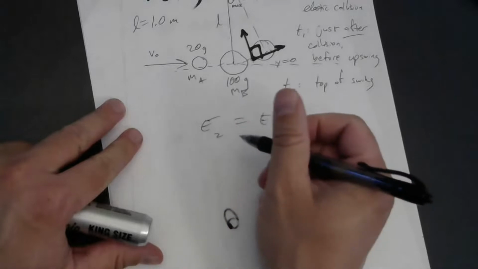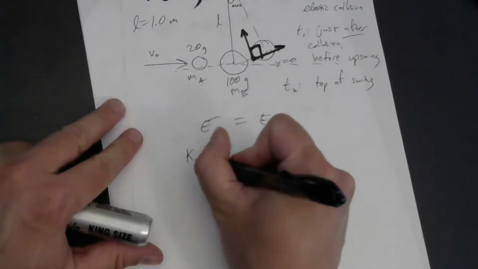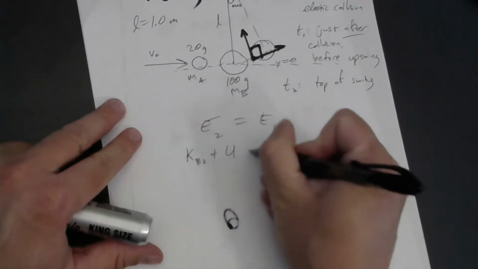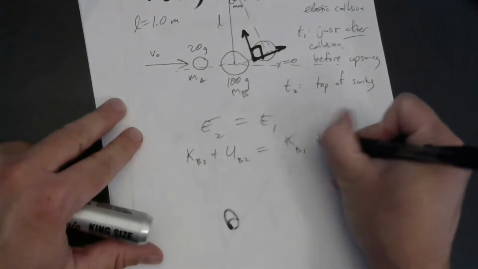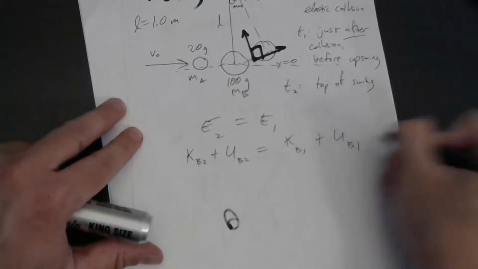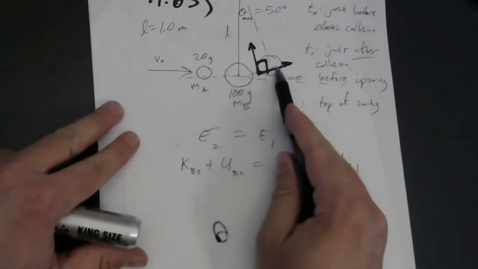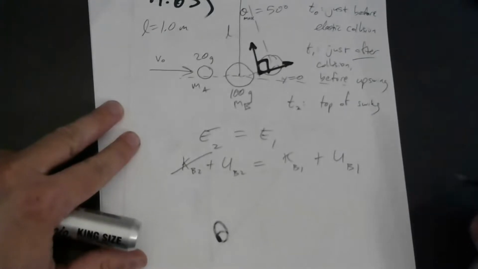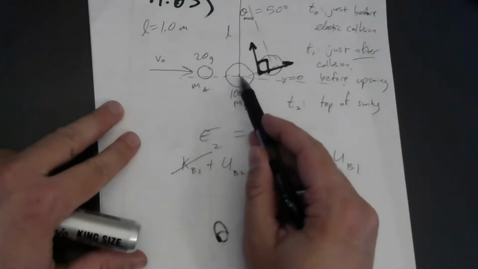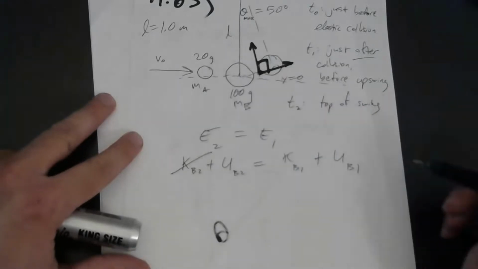So I would say K of mass B at time 2 plus potential energy of mass B at time 2 is the kinetic energy of mass B at time 1 plus the potential energy of mass B at time 1. Now when it gets to the top, it stops for a moment. Don't have to worry about that term. And at the bottom, its y-coordinate, or the y-coordinate of the center of mass, is 0.